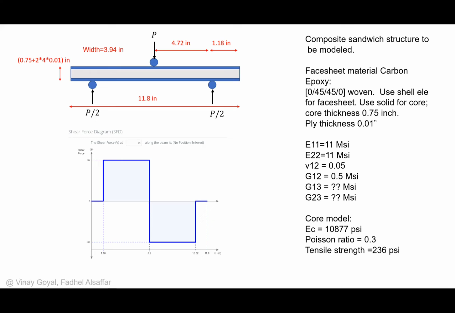The shell element is quite useful for structures that have quite long dimensions in two dimensions, and the third dimension, which is the thickness in this case, is small with respect to them, which perfectly matches the case that we have now.